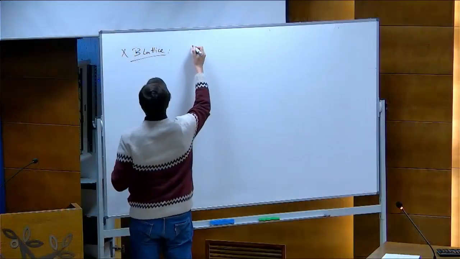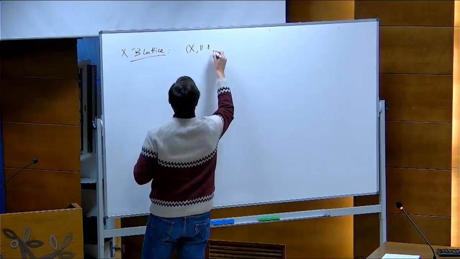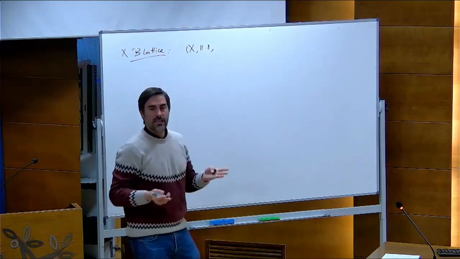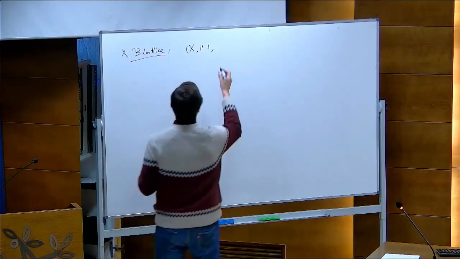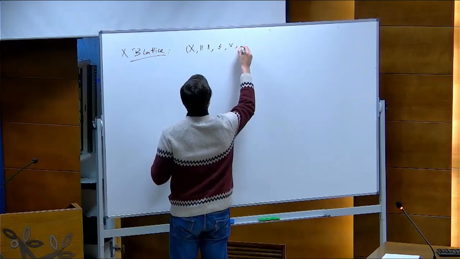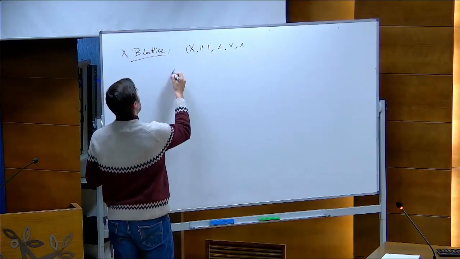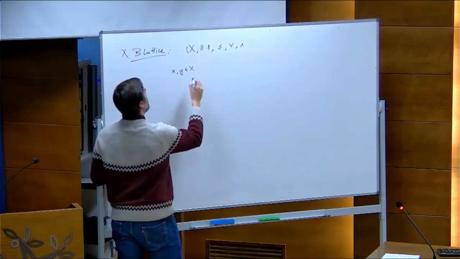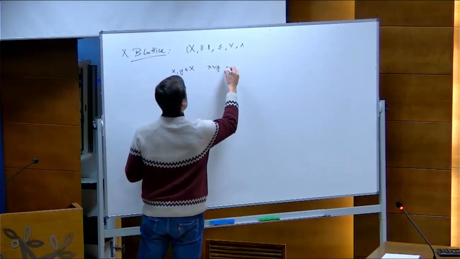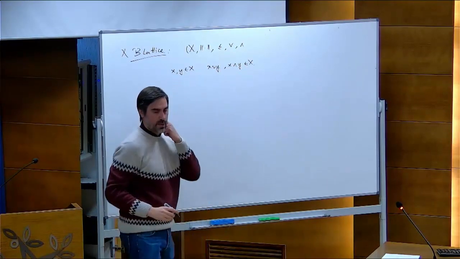So we have a Banach space with its norm, and we also have a lattice operation. Well, we have an order. We can forget about it, actually, but the main thing is that we have two lattice operations, which allow us to define, given any two points in our space, the sup and inf, denoted like this, and these are also points in our space.